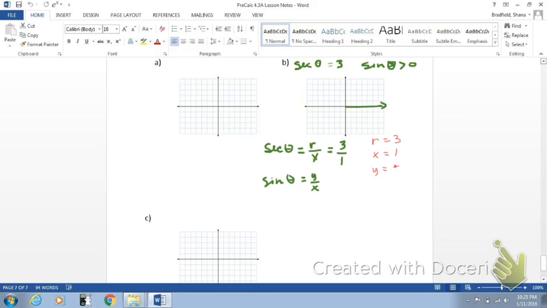And I've got x is 1, and y is some positive number, with 3 being the radius. So it's about right in here, okay? And so this is going to be the point 1 something. We don't know, okay? But it's some positive number.